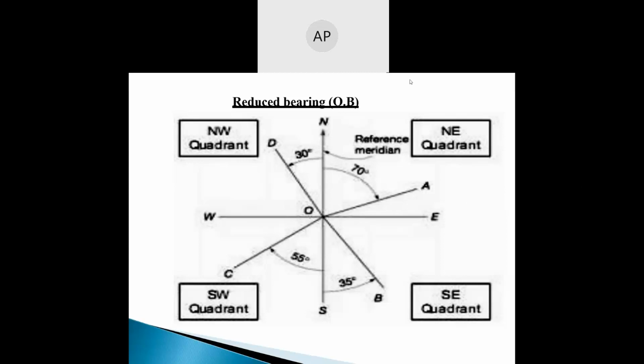In reduced bearing, this is the reference line, the north direction. This is the south direction.